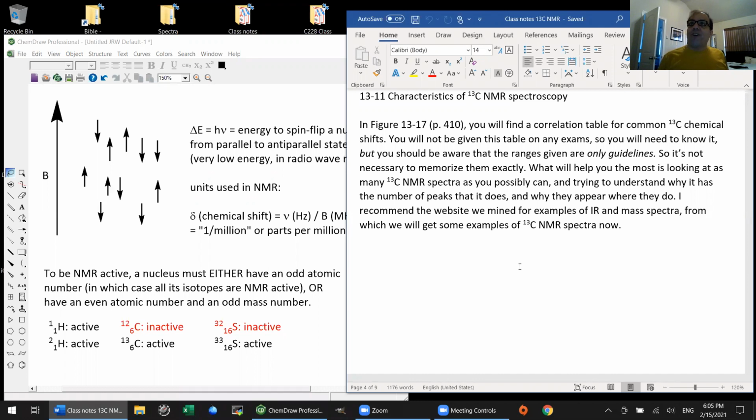Those ranges are only guidelines. They're only approximate values. They're not the be-all, end-all. And I'm going to recommend for carbon NMR that you do exactly like you did with infrared spectroscopy. Namely, that you get in there and look at a bunch of carbon-13 NMR spectra.